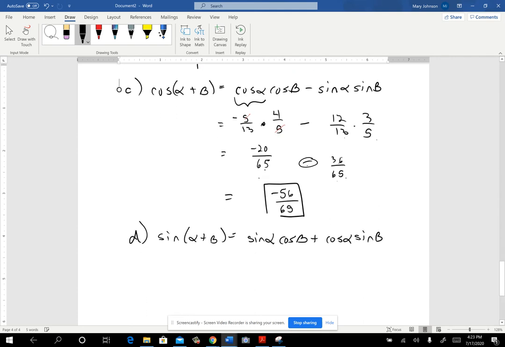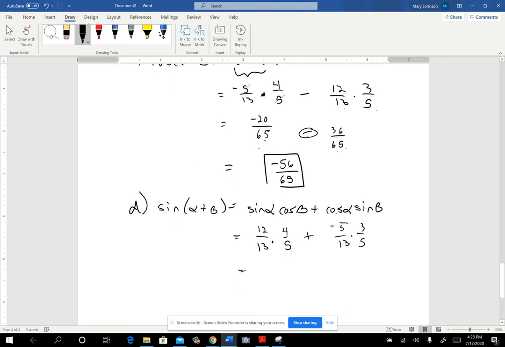It's the same stuff just being plugged in different places, so you have to be really careful. It's 12 over 13, and then cosine of beta was 4 over 5. That's multiplied. Cosine of alpha was negative 5 over 13, and then sine of beta was 3 over 5. And this is plus.